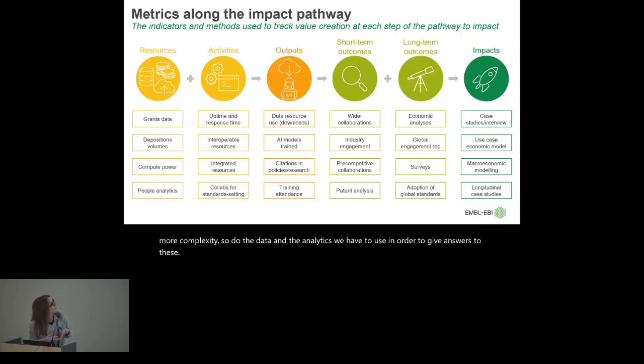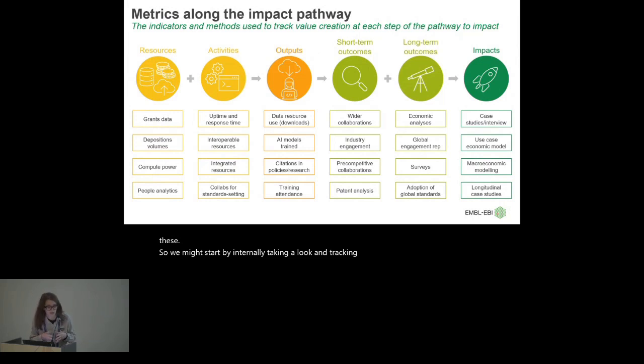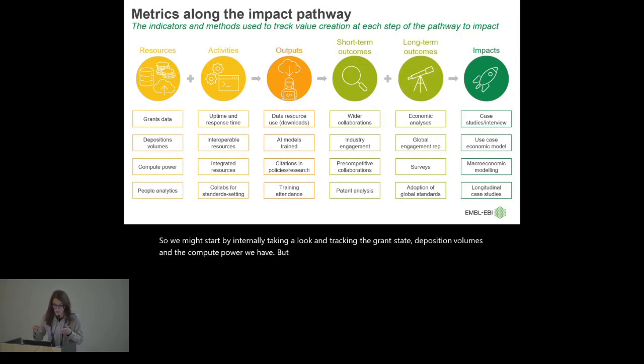So we might start by internally tracking the grants data, the deposition volumes, and the compute power we have. But going down the line, when we want to see how we are influencing the short and long-term outcomes that we want through our activities and outputs, we have to apply more complex methods.